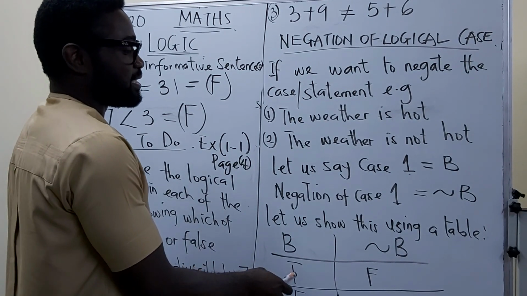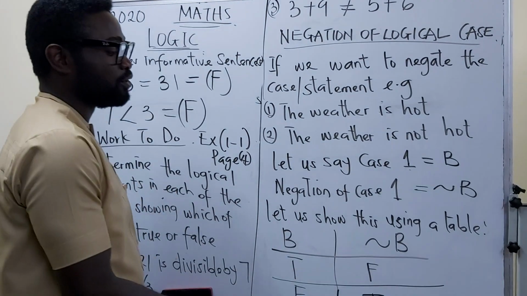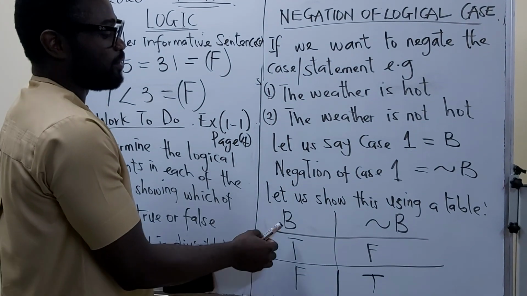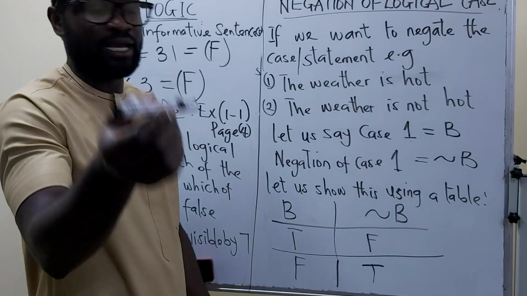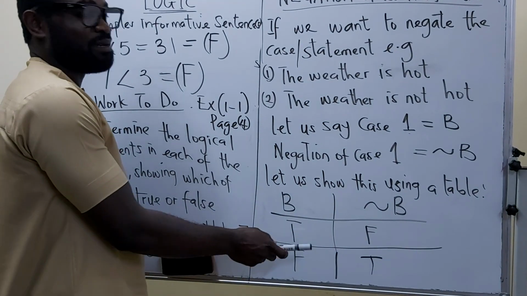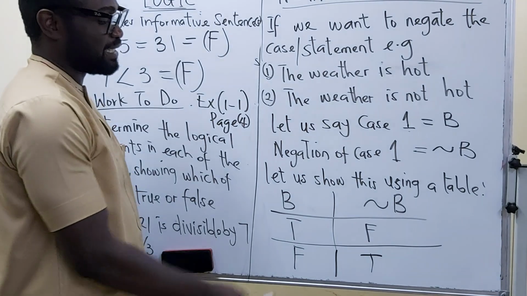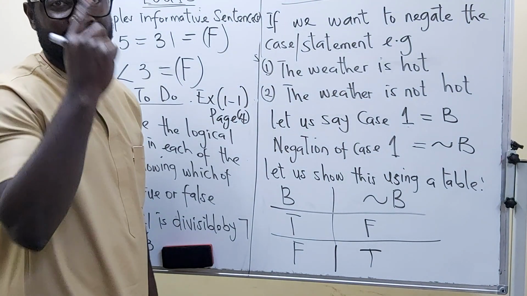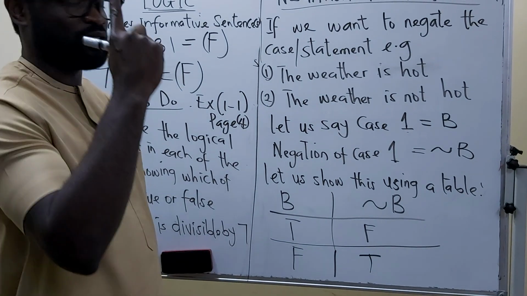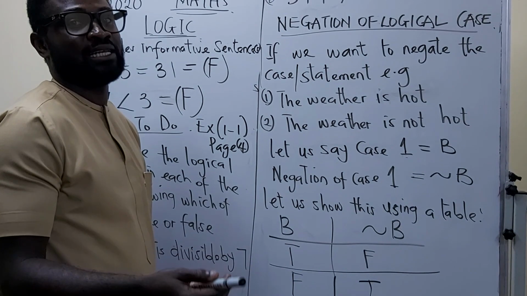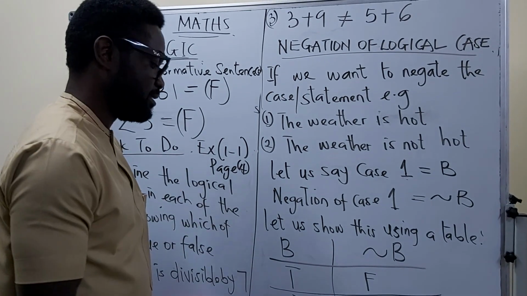Now, negation of case can, of course, be shown using a table or be expressed using a table. Now, every case or statement you make, let's say the statement is B. It is either the statement is true or false. So let's say you have 2 results now for a particular statement. For example, you slept for 2 hours yesterday.